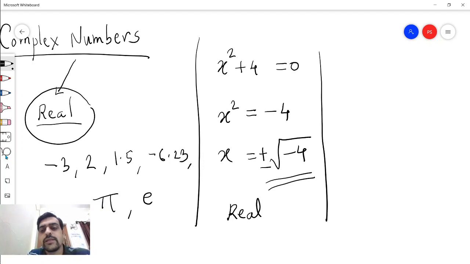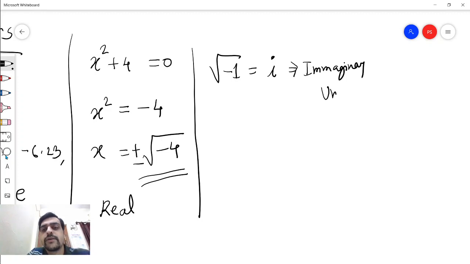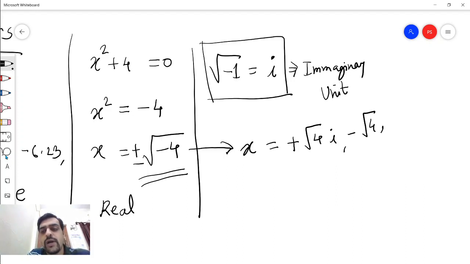So in such cases, we define this unit, square root of -1, as i, and we call it an imaginary unit. If we apply this concept to our example, then x will be simply plus root 4 into i or minus root 4 into i.